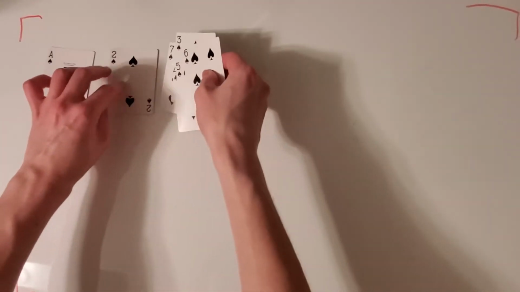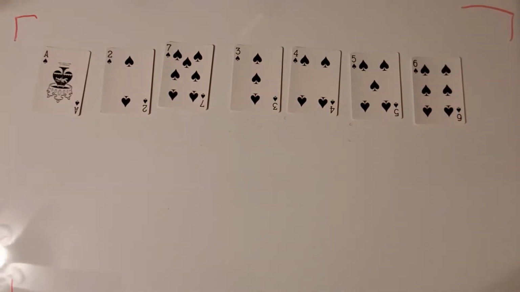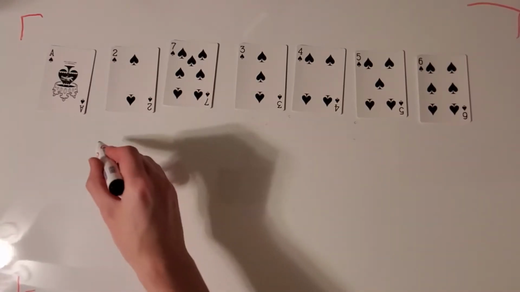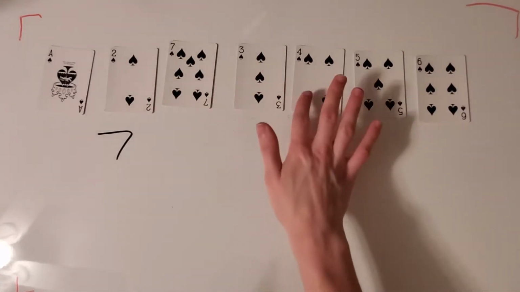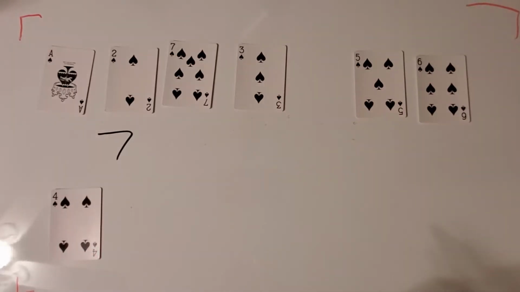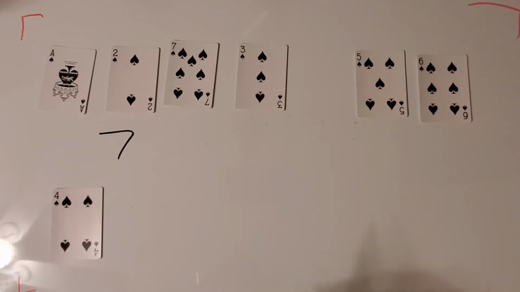If we just set aside all 7 of the cards, notice how there are 7 different possible choices of a first card. So let's just say we pick the 4 first. Now that we've picked the 4, there are 6 possible different choices of the second card.